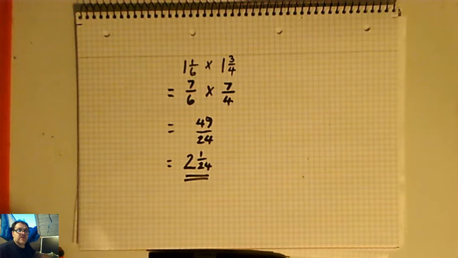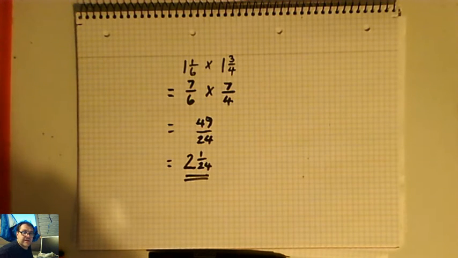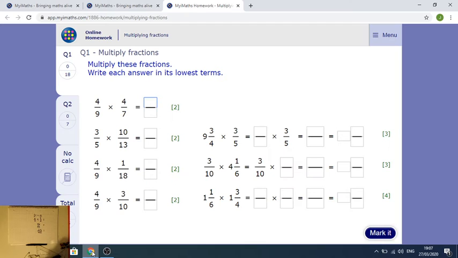So now to the bit where we write all of that into iMaths. So there it is. So let's just get my pad and write down what I got. So I got 16 over 63.